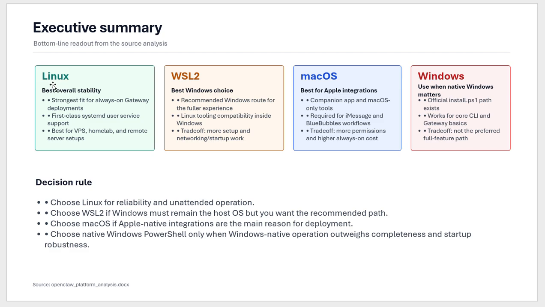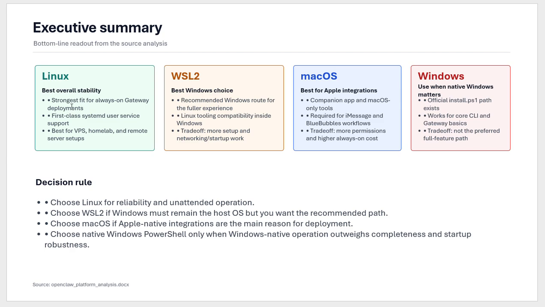we have Linux. This is a Linux option, so you need to have maybe Ubuntu, and you're gonna install there, or sometimes if you rent a VPS from Hostinger, it should be Linux on Docker. So here the strongest fit is for always-on gateway deployments.